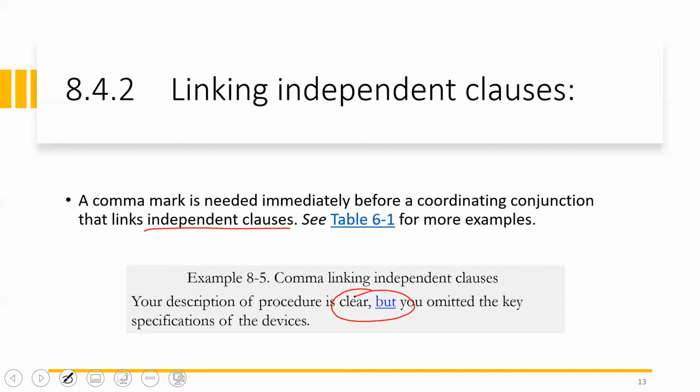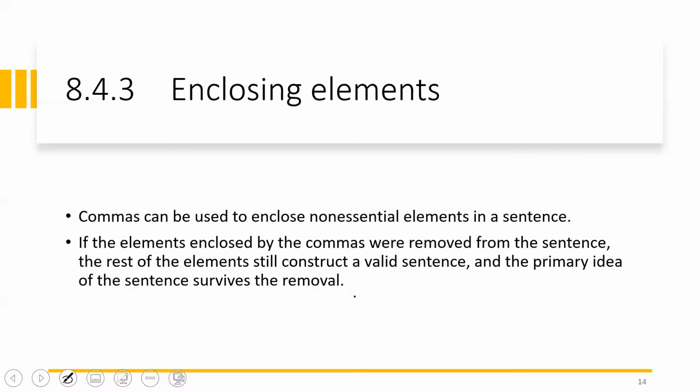See, there is a comma in front of but. A comma can also be used to enclose non-essential elements. Remember, they are non-essential, but that doesn't mean they're not important. If the enclosed element were removed, the rest of the sentence is still valid, and the primary idea survives the removal.